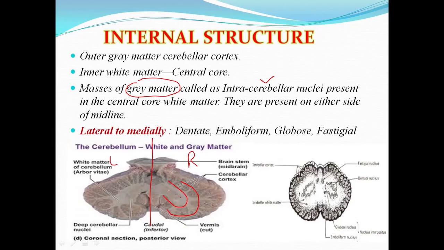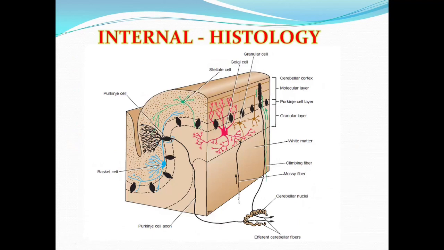Inside the inner white matter, you can identify the core of gray nuclei, which we name from lateral to medial. Remember the alphabet A, B, C, D, E, F: omit A, B, C, then you get D for dentate, E for emboliform, and then you reverse the alphabet, so you get globose and fastigial. So the intracerebellar nuclei are dentate, emboliform, globose, and fastigial.